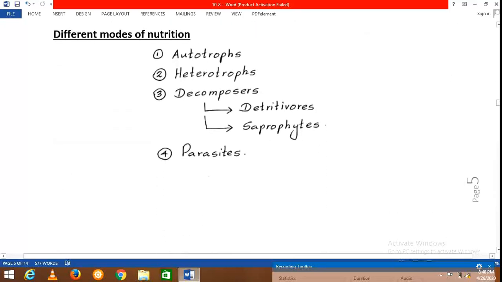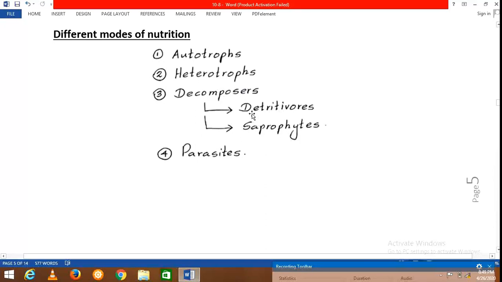Then these are the different modes of nutrition shown by the animals and plants as well as microorganisms. You know about autotrophs, then there are heterotrophs; all the animals are heterotrophs. In addition to that, there are decomposers. Decomposers are mainly of two types, detritivores and saprophytes.